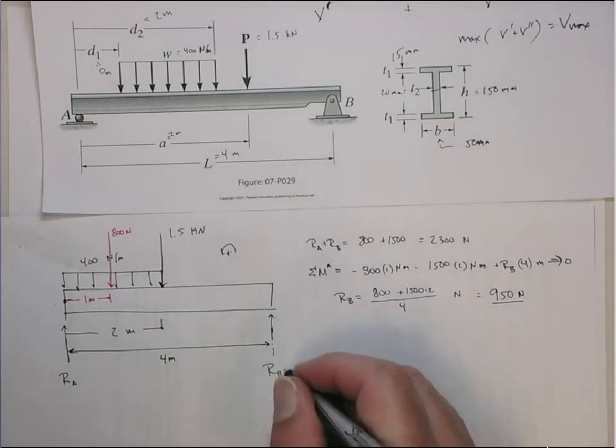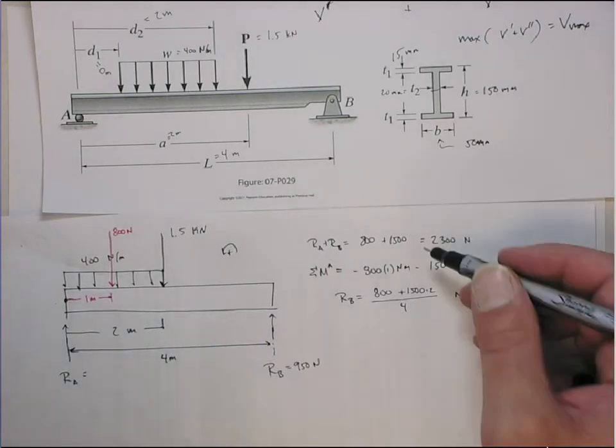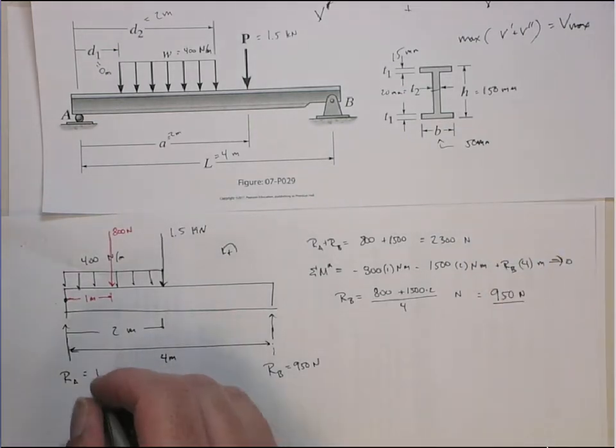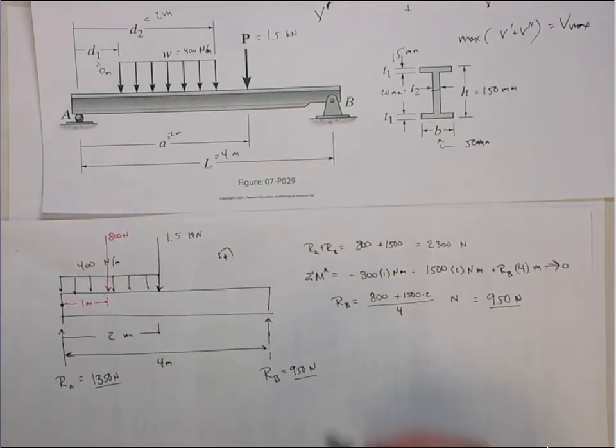Okay, this is 950 newtons. And then RA from here is going to be 2,300 minus that, which is 1,350 newtons. Okay? So those are the reaction forces.